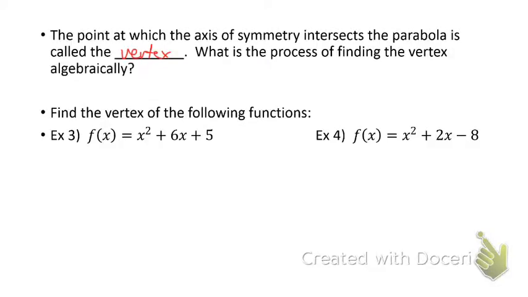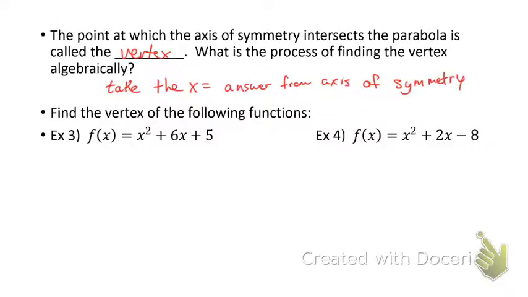So what we're going to do is take the answer from the axis of symmetry, which was an x equals, and substitute that into the actual formula to get your answer.